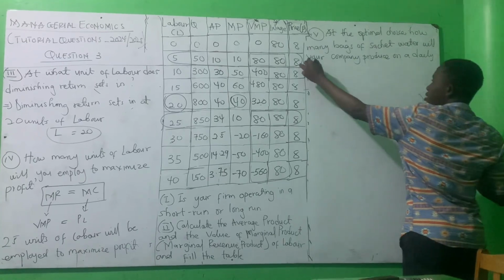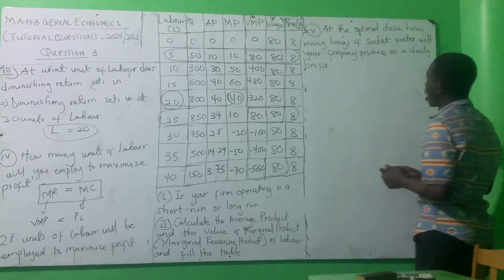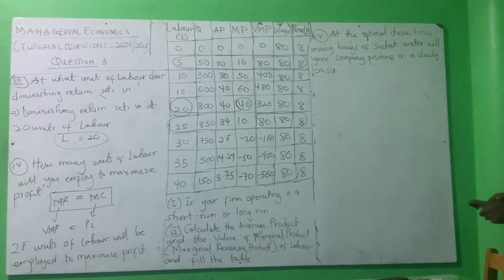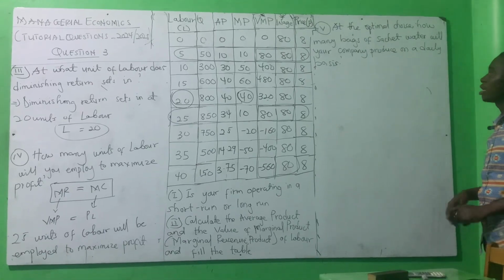On a daily basis. So there's the last part of the question. At the optimal choice, how many units of sachet water will your company produce on a daily basis?